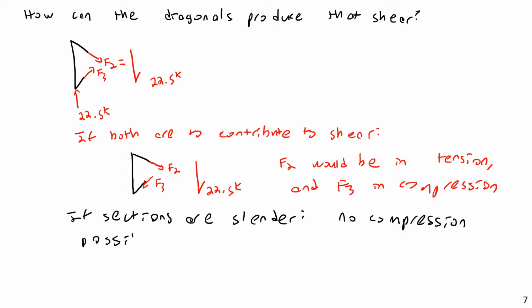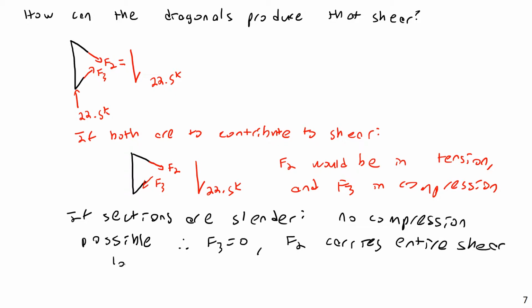So therefore, if F3 has to be in compression for this to happen, then F3 has to be 0, and F2 carries the entire shear load. In other words, the vertical component of F2 is going to equal 22.5 kips.